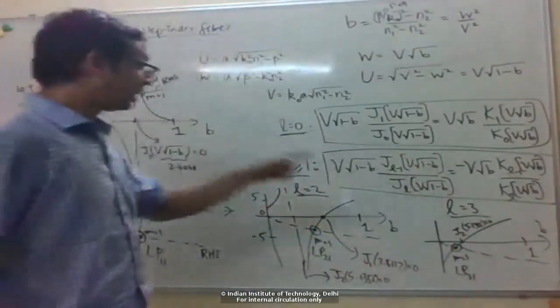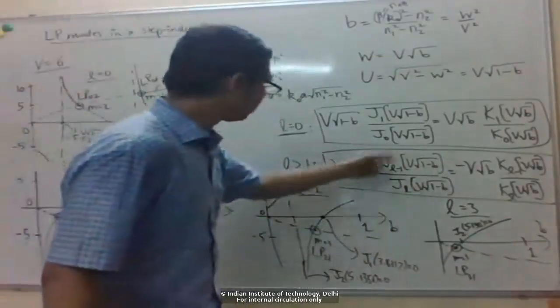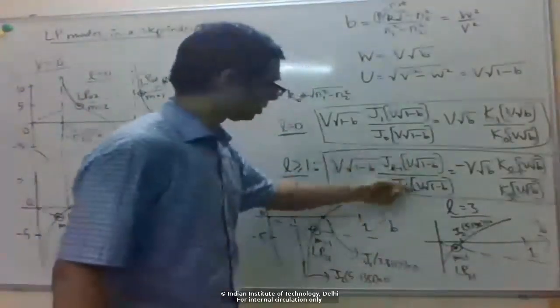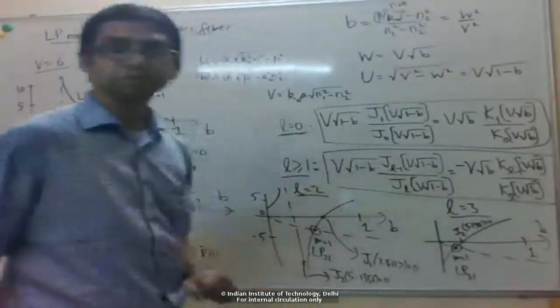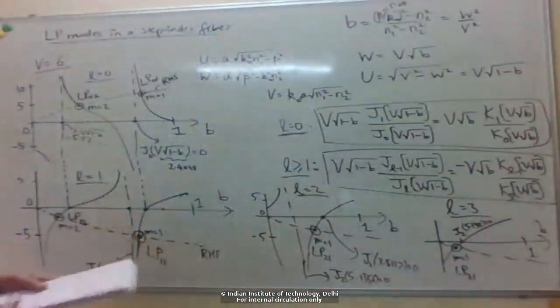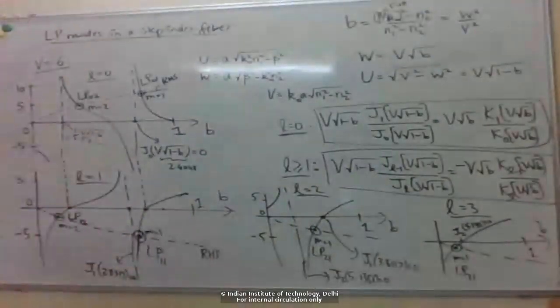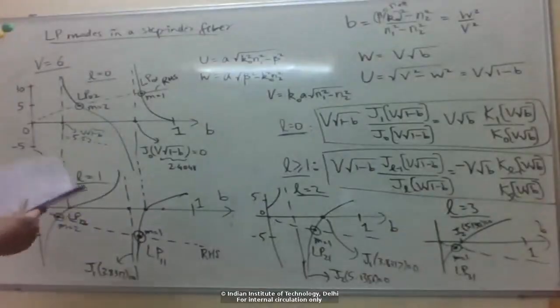And then when J2 becomes 0, then it will become infinity because we have divide by 0. So that's here and closer.